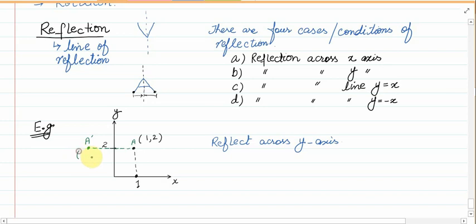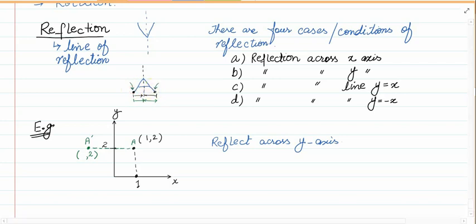That means A dash has the same y value, that is 2. Now we need to focus on the x value. In above examples, I told you that if this distance is 1, then this distance is also 1. So the distance from the line of symmetry to the old point and to the new point must be the same.